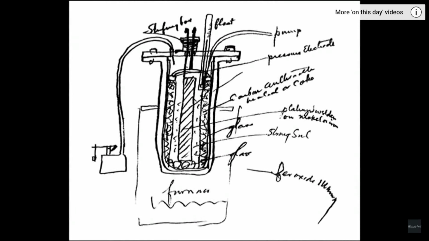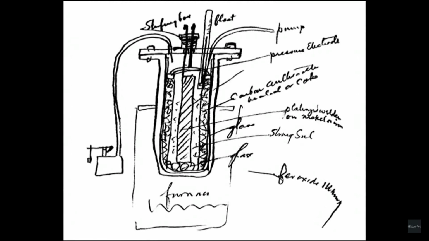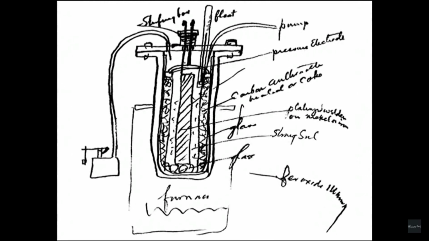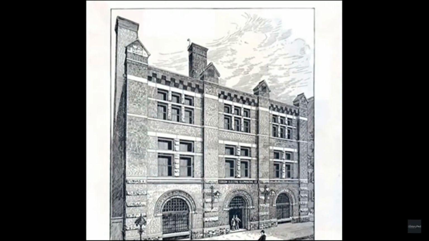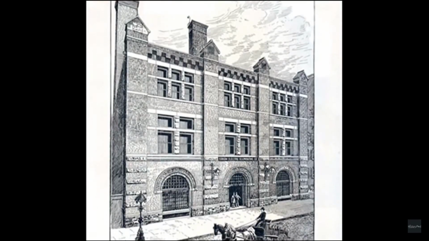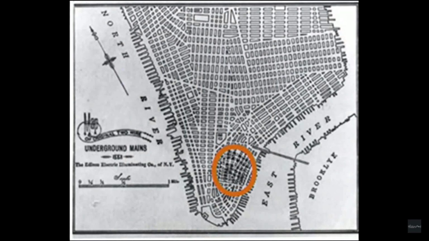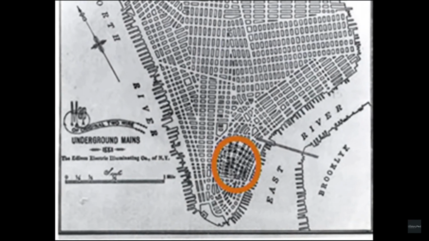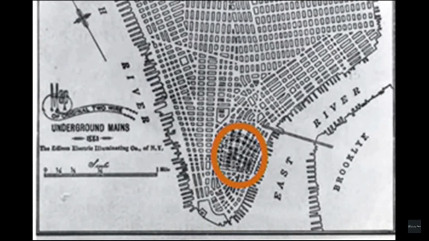Having successfully installed a number of smaller private systems in both the United States and Britain, Edison bought 2 adjoining commercial buildings on Pearl Street in the area known as the First District in New York to house his commercial power plant.